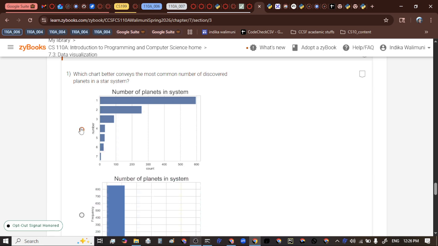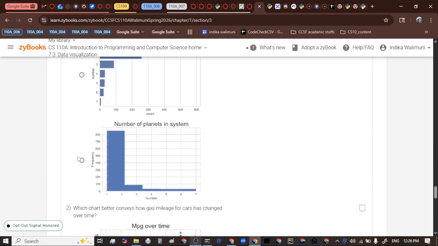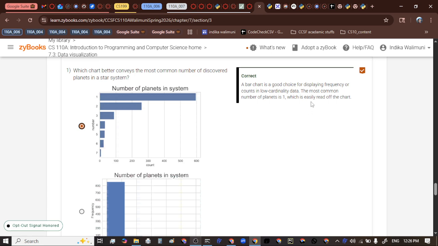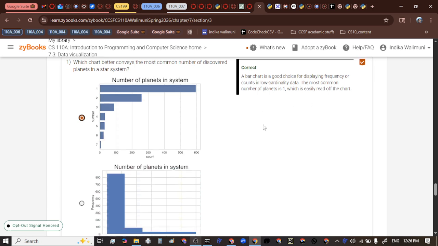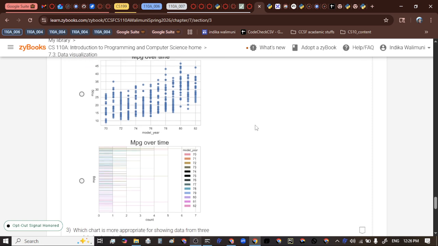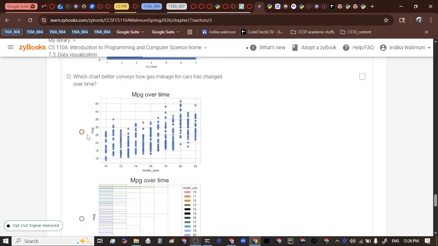The second one looks... you scroll down on the second one. Yeah, and you can see the difference. This one is categorical data, so you can use that one. That one's messed up. Second one, fourth one's messed up. So the answer is this one.